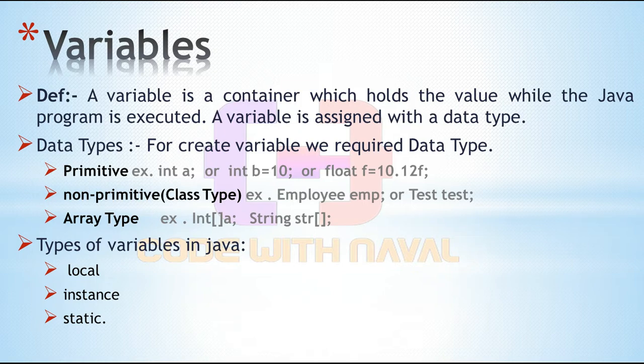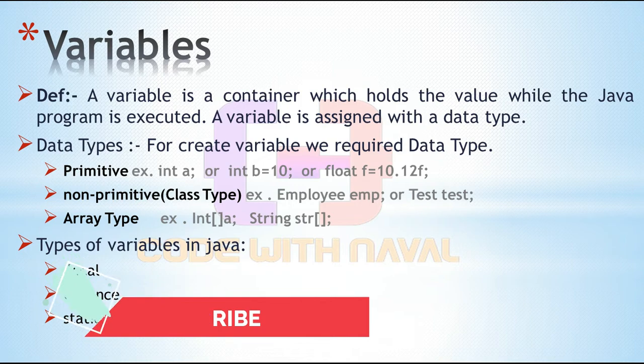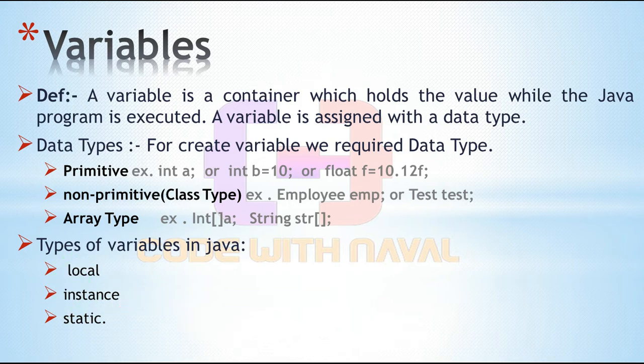It can be a primitive data type. We saw all the primitive data types in an earlier video. There are a total of 8 primitive data types. Then we have a non-primitive data type, that means class type. You can declare a class and create a variable of that class.